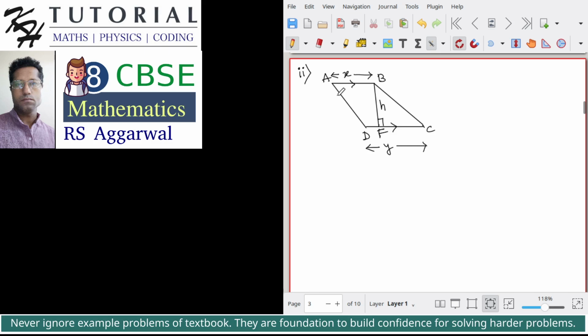Now, if we draw a perpendicular from A on the other side DC, we can see that the altitude is coming outside the trapezium. So, we have to extend the side DC. If we extend the side DC and then we draw the perpendicular AE on the extended side of DC, we have this.